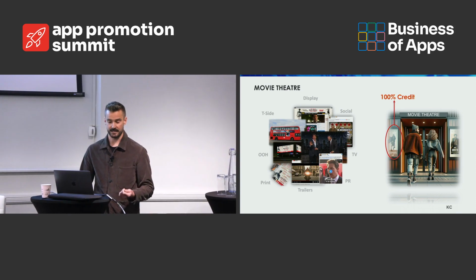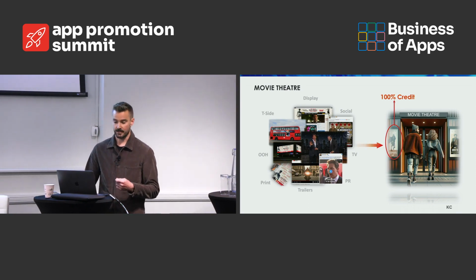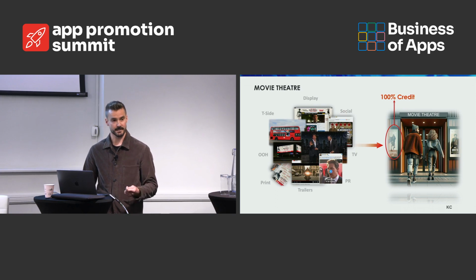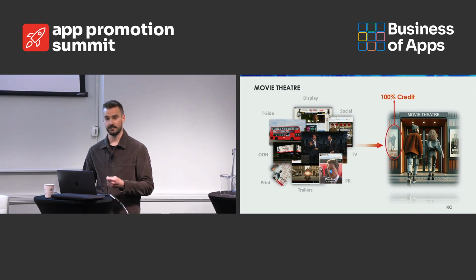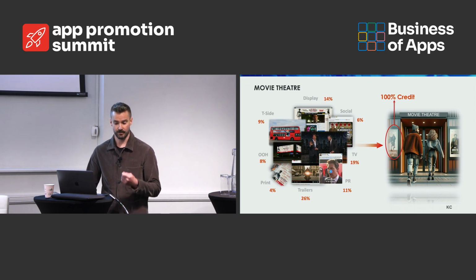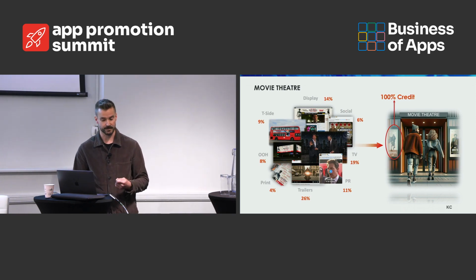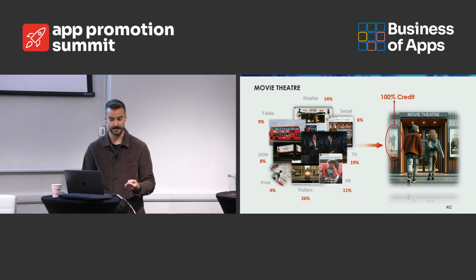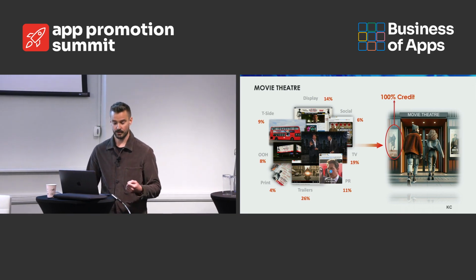What marketing mix modeling does is understand the different influences of each one of those different channels on that sale. It's able to give you feedback on the influence of each one of those different media sources and media channels on your sales.